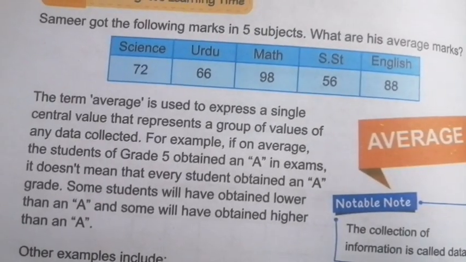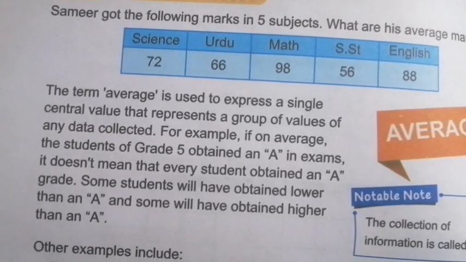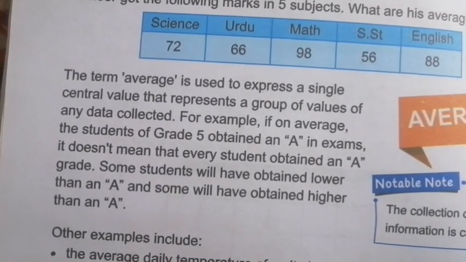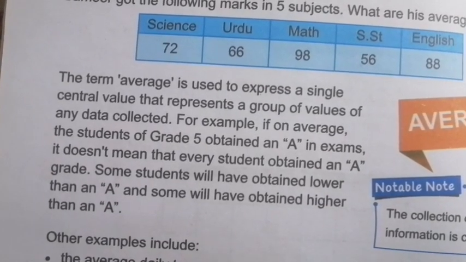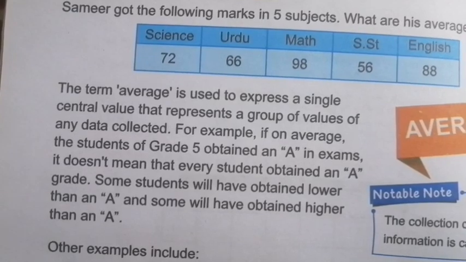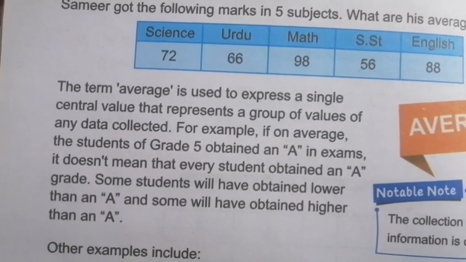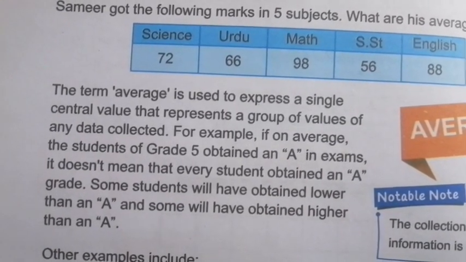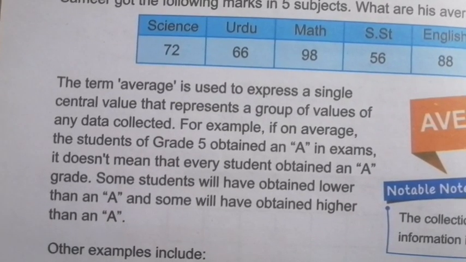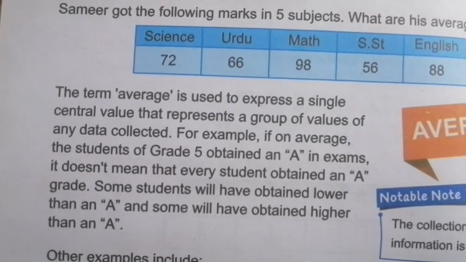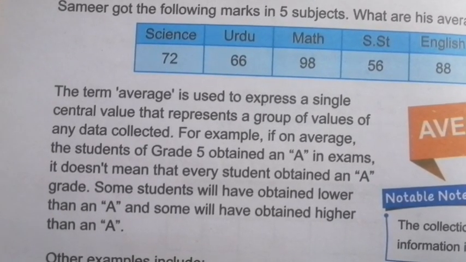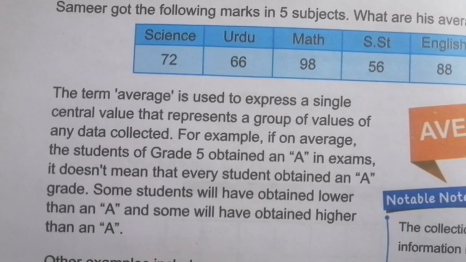In our daily life, we go to the market and purchase different items of different values. If we want to know how much we have spent during the day, we need a quantity that will represent it.